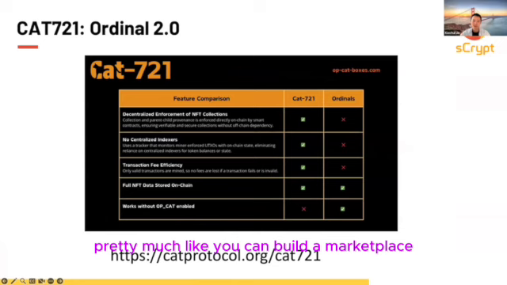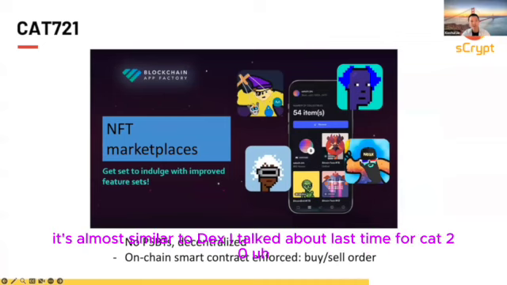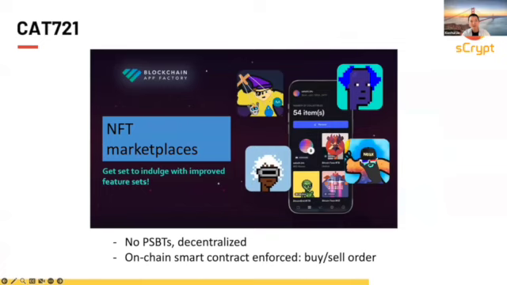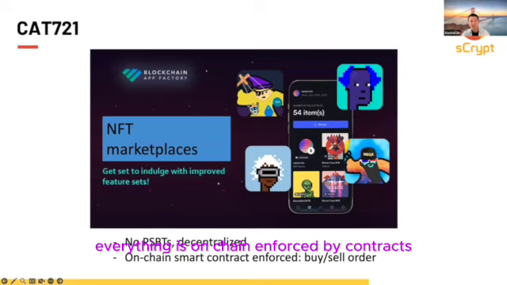You can build a marketplace, but it's decentralized because everything is on chain. It's almost similar to the DEX I talked about last time for CAT 20. You don't need PSBT, you don't need a centralized marketplace. You can post all your orders on chain and specify your conditions: how much, what kind of NFT you want to buy, what price you want. Everything is on chain, enforced by contracts.